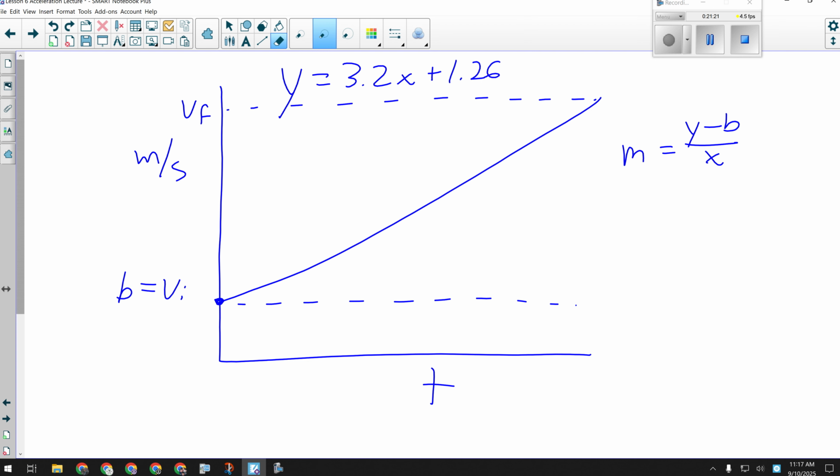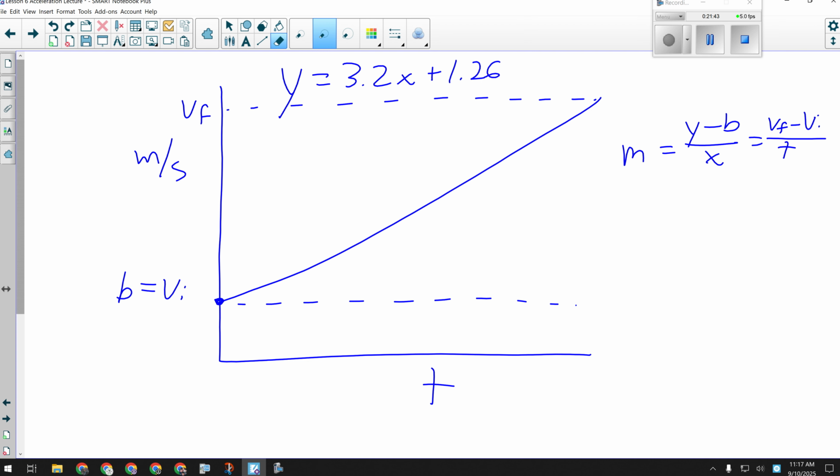We just established that any y value would be our final velocity, b is our initial velocity, and x is time. I'm pretty sure we've seen that formula before, and it works just like it does on a position versus time graph. It just calculates velocity there. It's change in position divided by time.